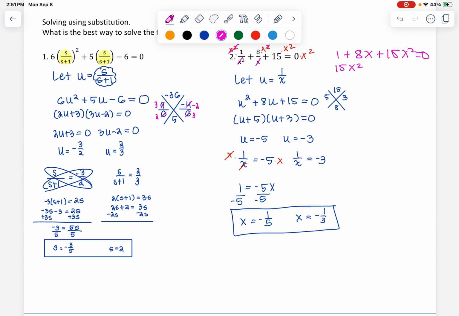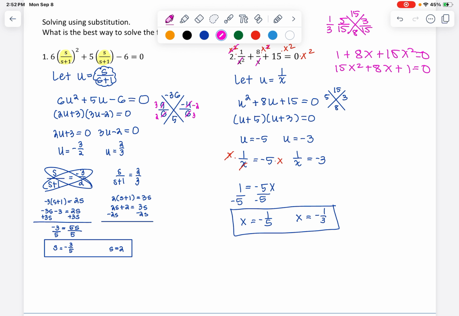Reorder this: 15x squared plus 8x plus 1 equals 0. Two numbers that multiply to give me 15 and add to give me 8 are 5 and 3. Divide by the lead coefficient, which is 15. Simplify each fraction, that's 1/5 and 1/3.